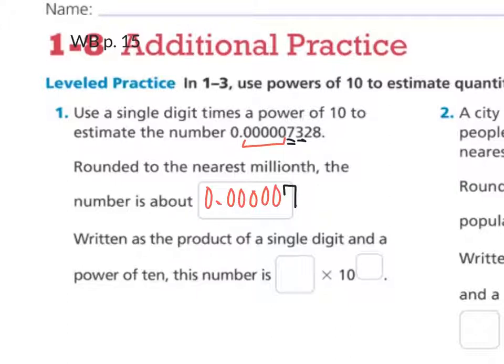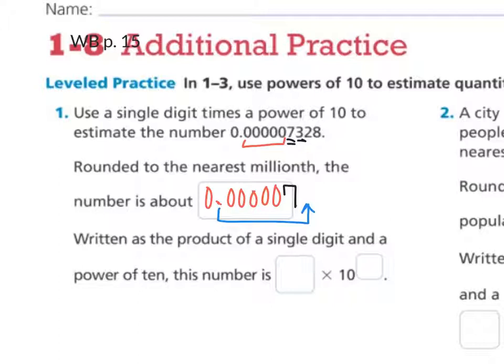So this is apparently 7 millionths. And then we're going to write this in scientific notation. So right now, the decimal's not where I want. I want to have a number that's not 0 and then the decimal point. So let's think about how many times we have to move the decimal to get it there. That would be 6 places moving the decimal.